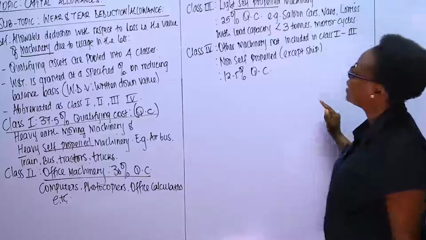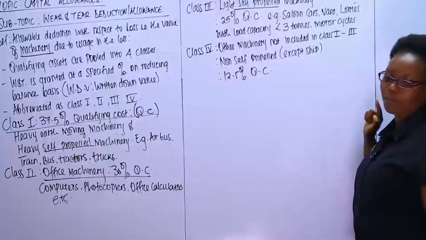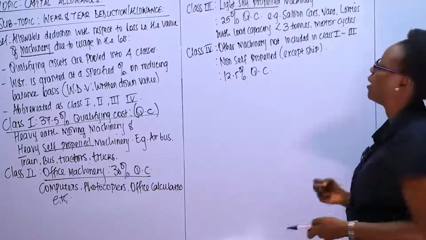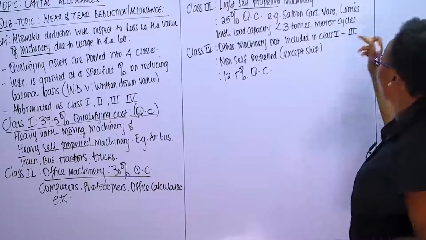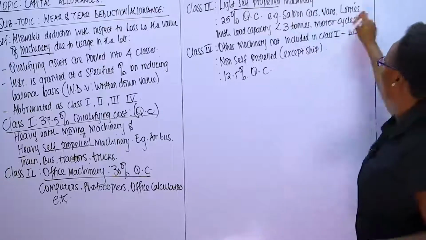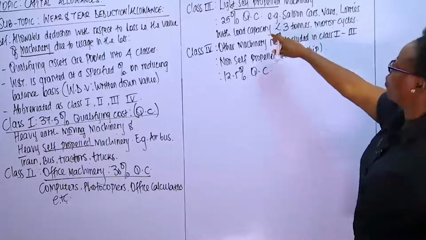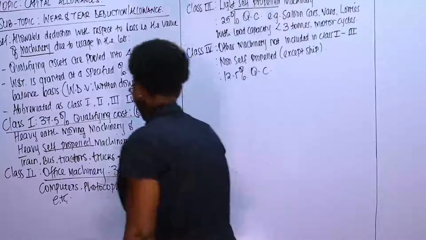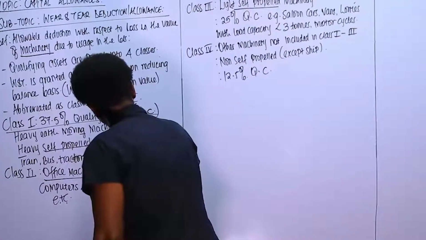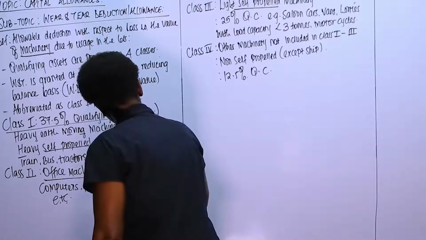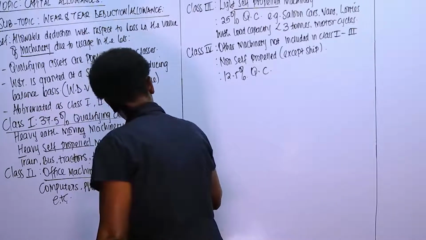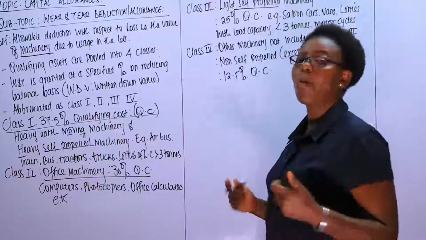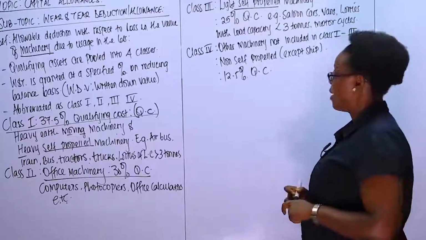For class 3, it is a light self-propelled machinery. So again, it has an engine, only that it's not heavy like what we have in class 1. Now, something worth noting is the lorry in class 3, lorry of load capacity of less than 3 tons. When the load capacity is more than 3 tons, it goes to class 1. So you look at what is the load capacity. How much is it able to carry?